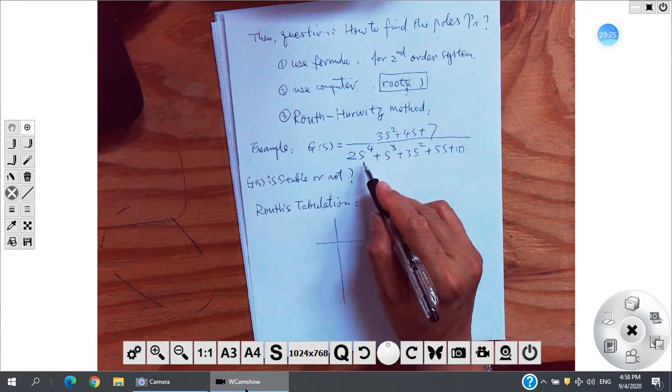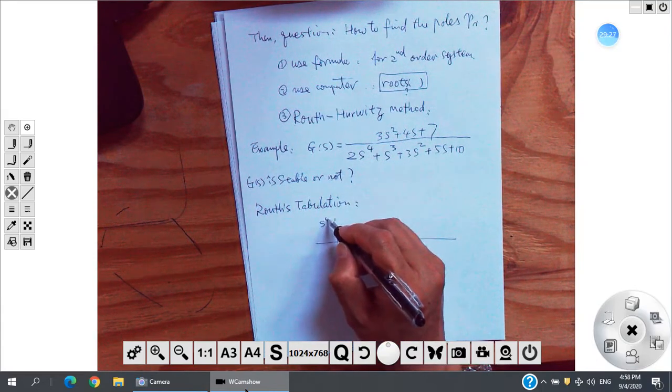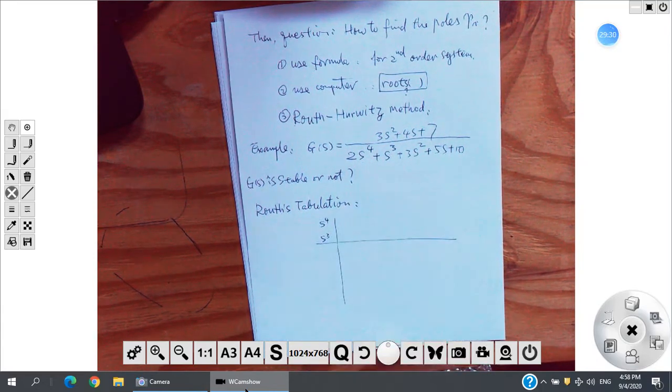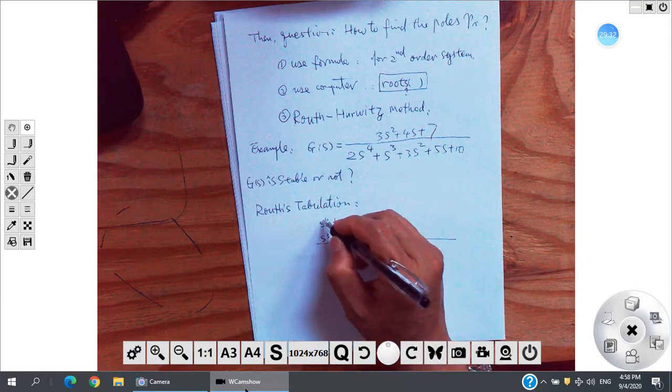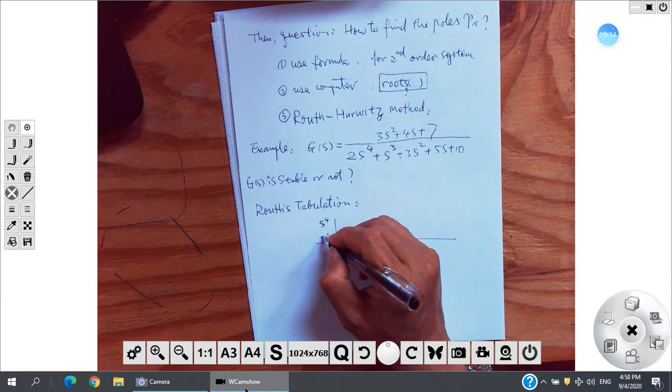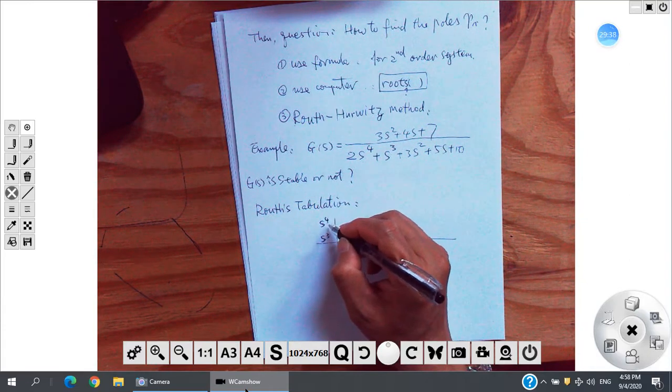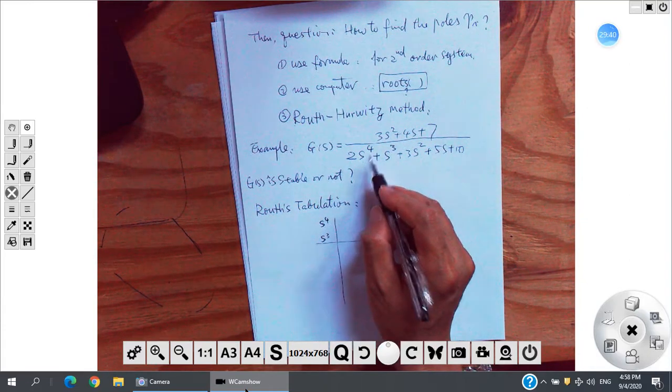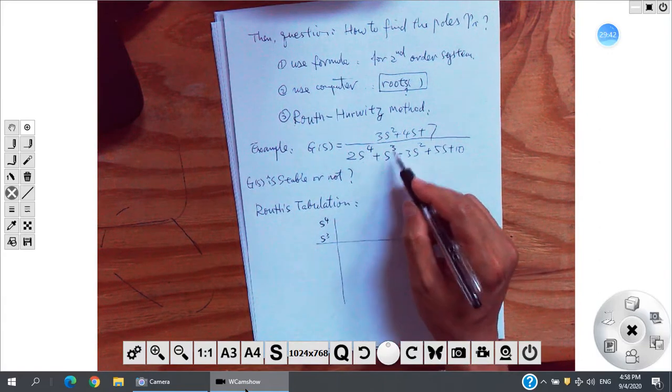Okay, here's order 4. I put s to the 4 and s to the 3. There are some powers of s, and then the order goes here. S4, then put S4 here. S cubed, then put S cubed here.